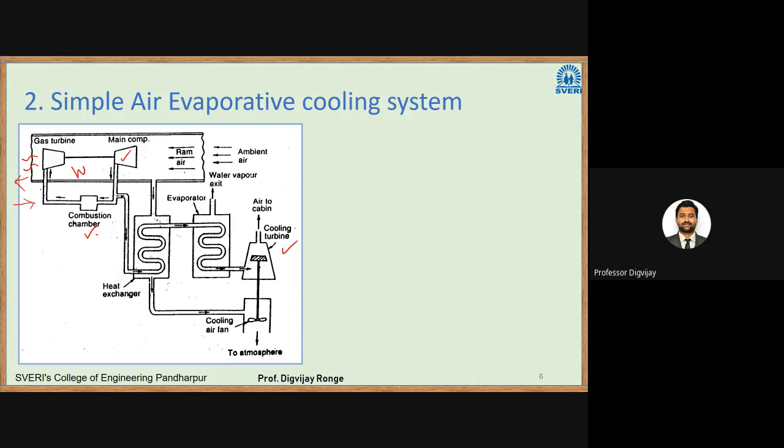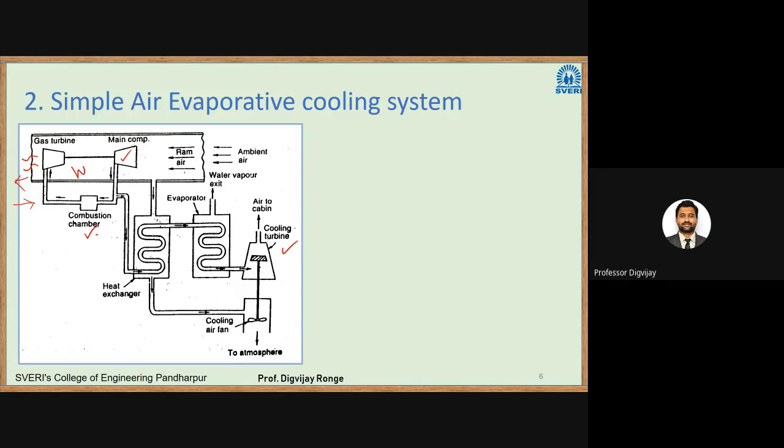That is why the aircraft moves in the forward direction. The same principle is used in rockets. Gases are sent in the downward direction, they have some momentum, so equal and opposite momentum is applied to the rocket, and the rocket goes up in the sky. That is not our concern. Our main concern is the air cooling system.